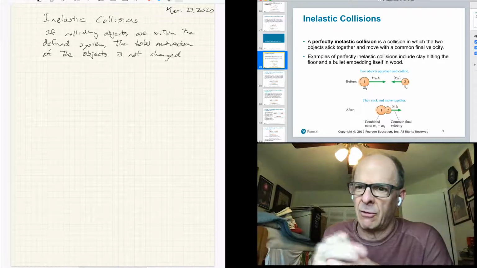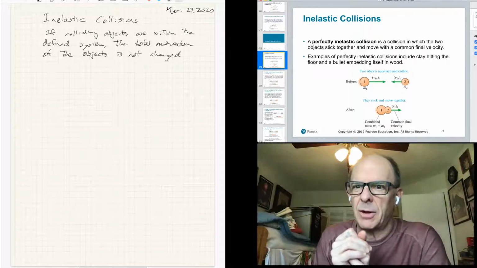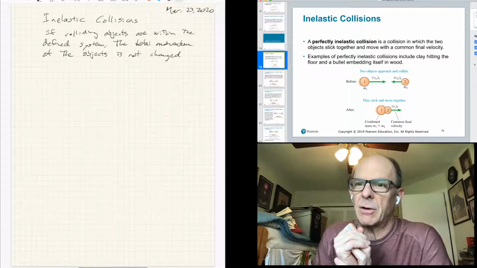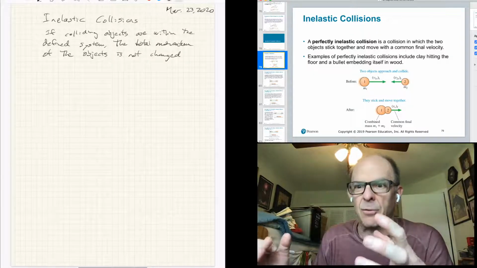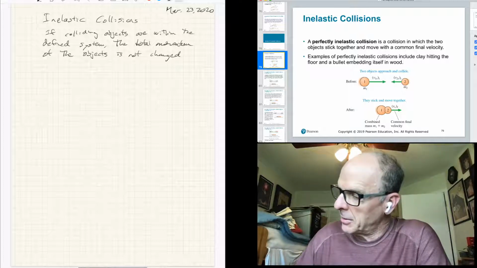Two cars crash into each other, there's all sorts of sound and terrible things going on, but the momentum of those cars after the collision is the same as before the collision. The only thing that can change it is outside forces, which in that case might be, for example, friction from the road acting on them.